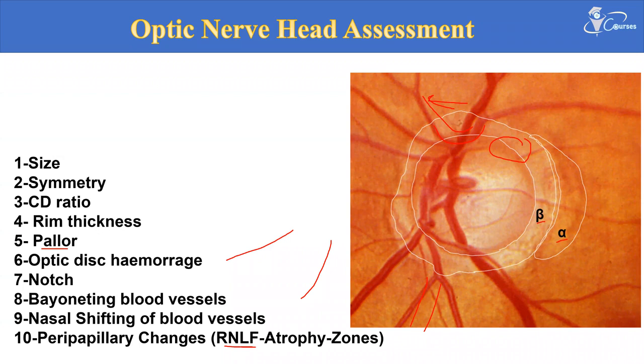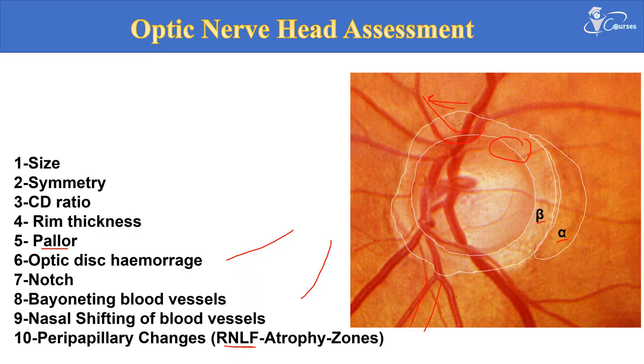So the beta zone represents retraction of the RPE from the optic disc margin. If there is a beta zone, or atrophy within this beta zone, this indicates that it is more common for patients with primary open-angle glaucoma or normal tension glaucoma, and its extent will be correlated with the visual field loss.